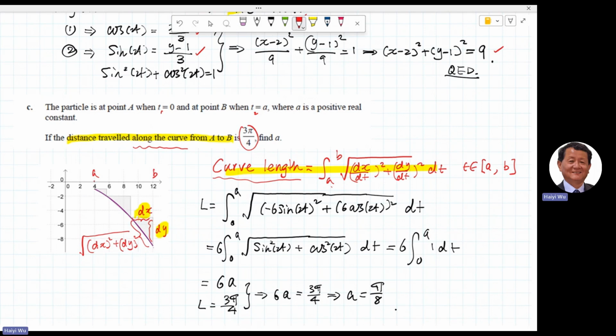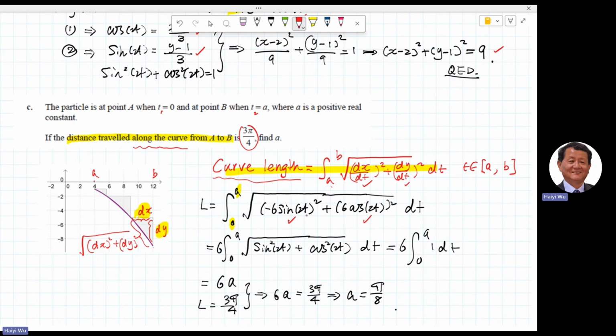Now, in this case, dx is the derivative of x with respect to time, which is the parametric equation, and likewise the derivative of y with respect to time. The time t goes from 0 to A in this question. So we substitute dx/dt and dy/dt, our two derivative functions. From question B, we got the derivative of y with respect to time as 6 times cosine 2t.